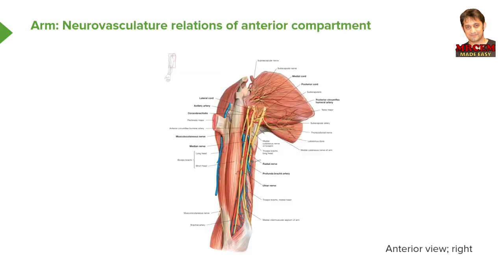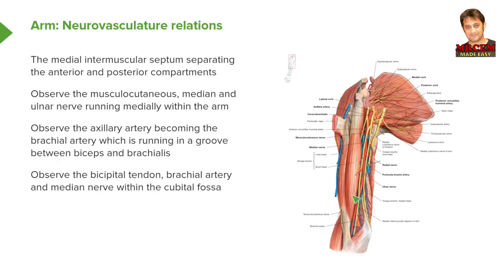If we look at the neurovascular relations of the anterior compartment, we can see in the diagram we've got our brachial plexus again. We can also see some important blood vessels and their neighboring nerves as they descend distally towards the elbow joint. We can see the musculocutaneous nerve once again.